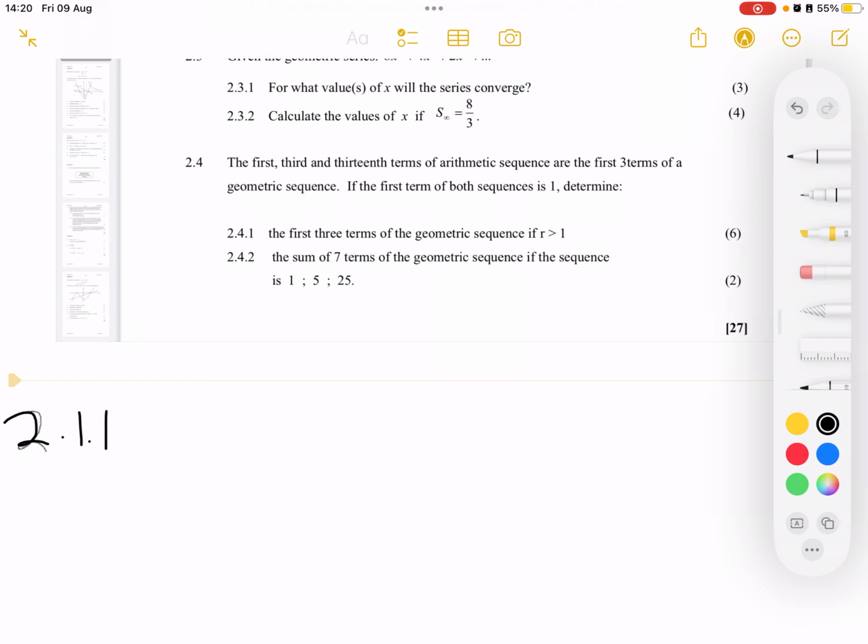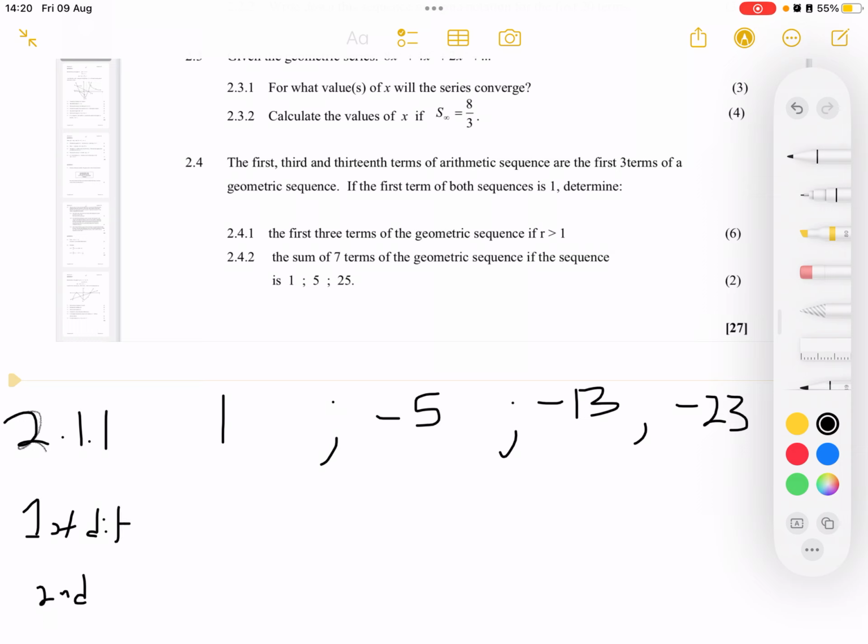2.1.1. We have 1, -5, -13, and -23. We're looking at a quadratic sequence, and a quadratic sequence has 2 sets of differences, whereby the first difference is a set of a linear sequence, and then the second difference comes from a linear sequence.